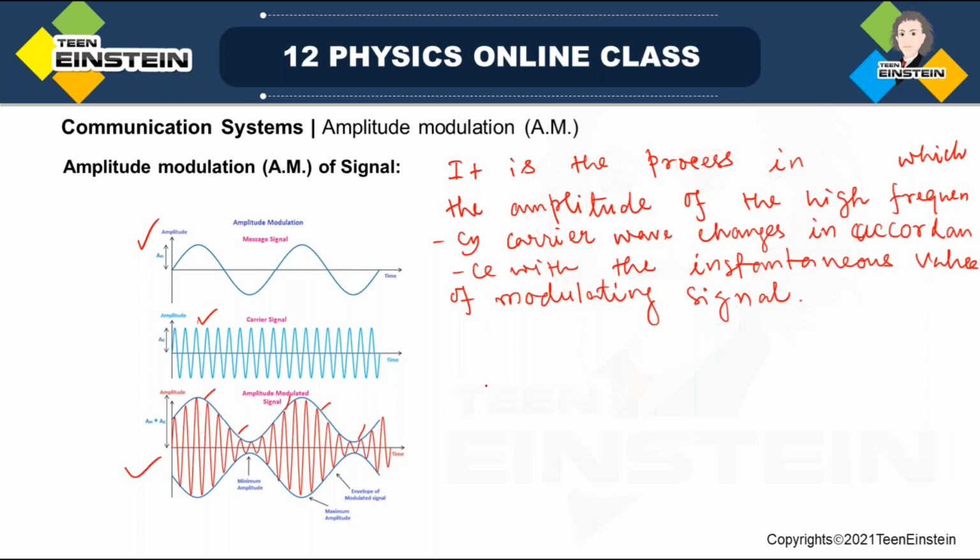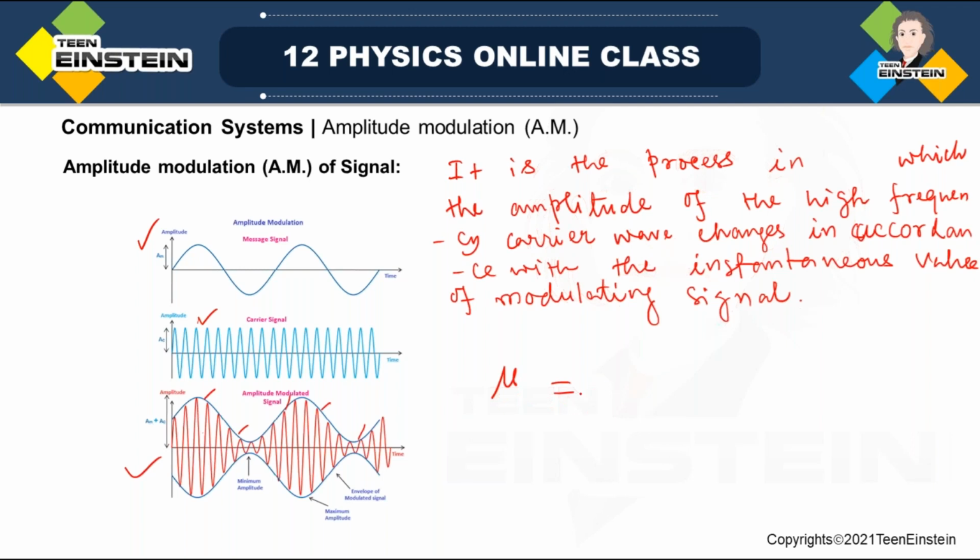This degree of modulation is characterized by a factor called percentage modulation or modulation factor, denoted by mu, which tells how much the carrier wave is modulated according to the original signal.